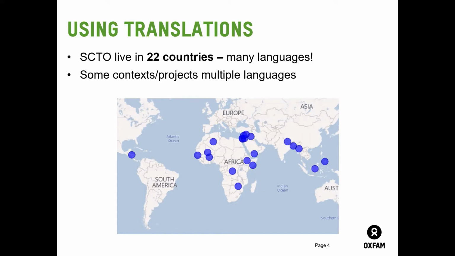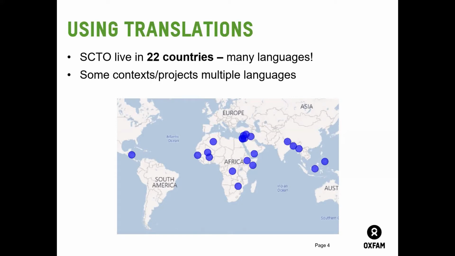But as you can imagine, if we're operating in that many countries, we are also operating in a lot of languages. In some contexts where we work, there will be more than one language, so we might have different dialects. In most instances, a country would have their own server, but we do have instances, which we call multi-country programs, where a server set up for one project is accessed by 5 different countries.